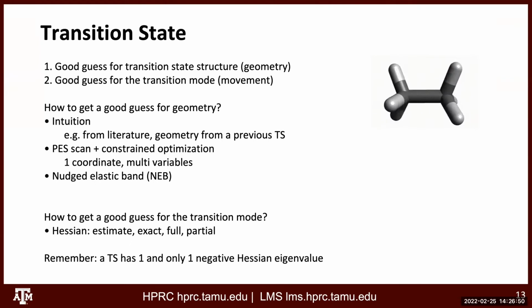All right. Before the hands-on part, we briefly mentioned that the two general rules to find a transition state are to have a good guess for the geometry and a good guess for the motion. So how do you get a good guess for the geometry?